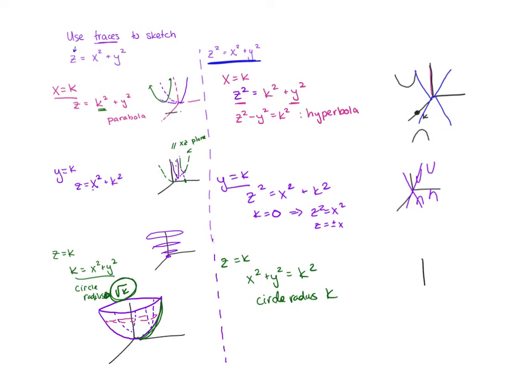But now we can really see what this is going to be. At height k, if I go up to a height of k, I should have a circle of radius k. I go up a little higher, I have a circle of that new height, and so forth. So the height is equal to the radius, so that's going to give me that cone shape.